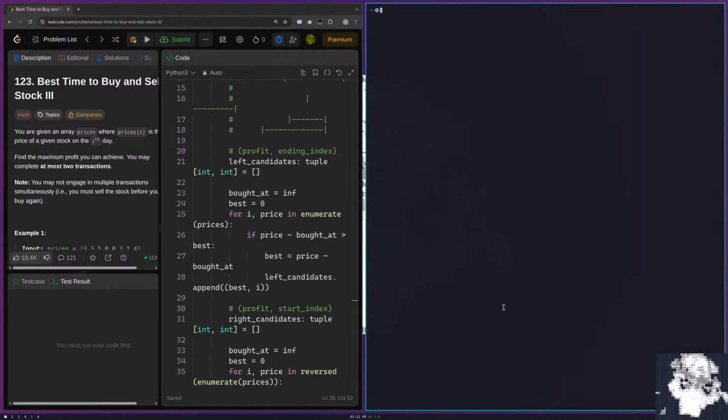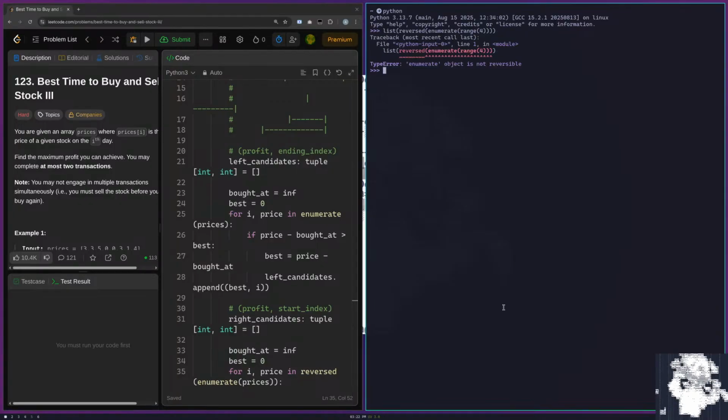Can you even do that actually? In Python, list of reversed of enumerate range for. Enumerate object is not reversible. Can you cast it to a list first? Yeah.